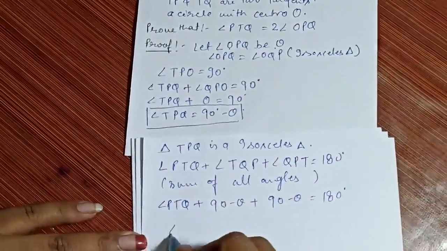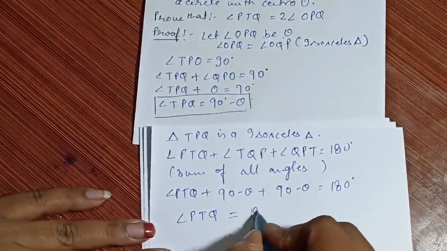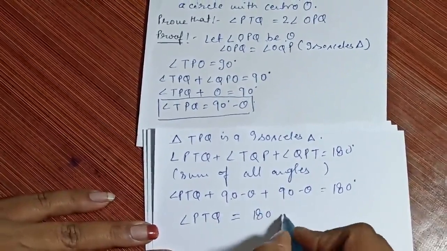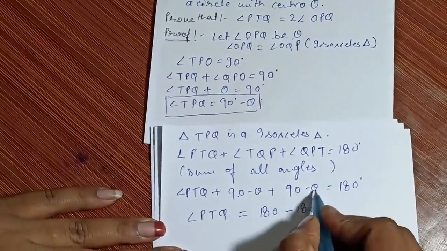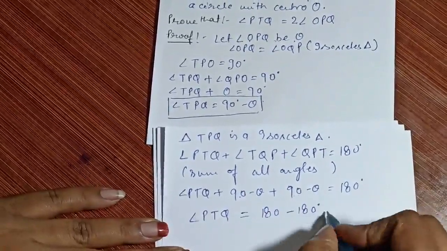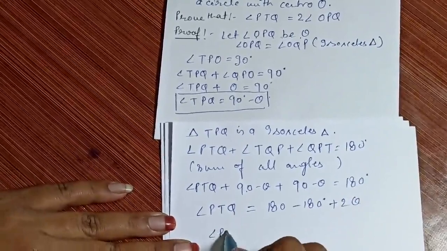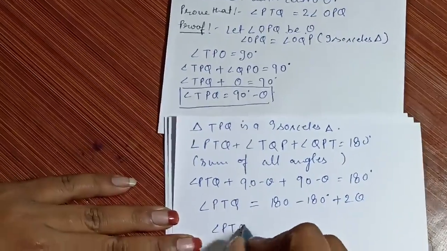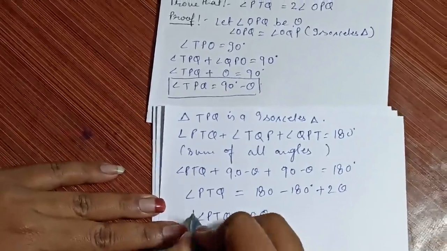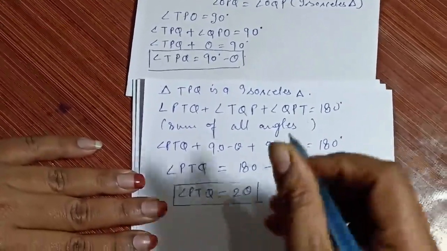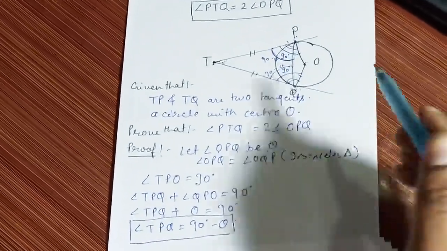Now transposing to find the value of angle PTQ: 180 minus 90 minus 90 gives 0, and theta plus theta transposes to give 2 theta. Now we can say angle PTQ will be 2 theta.